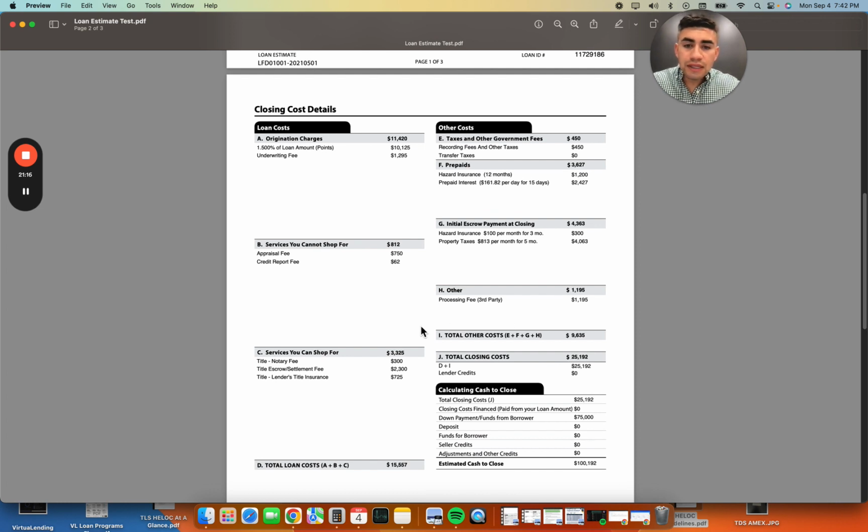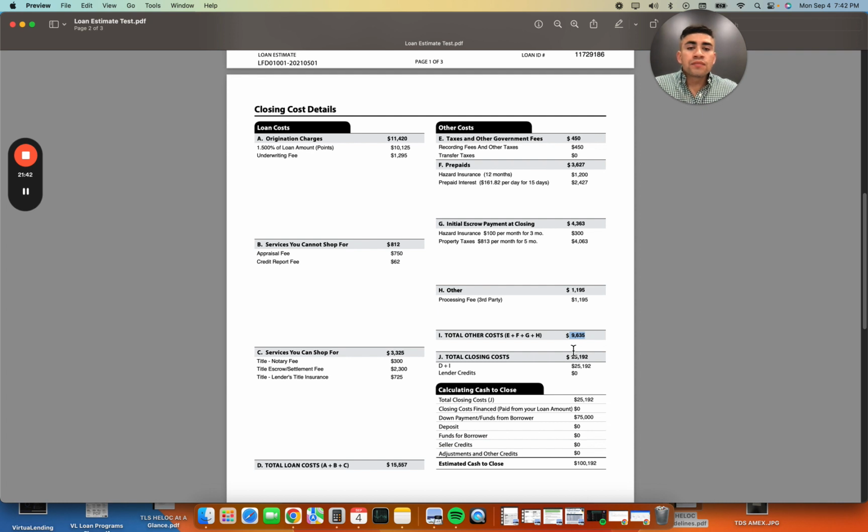Now, same thing like section A, B, and C. If you total these up, you'll have your total loan costs here in section D, $15,557. If you do the same math here for other costs in the right-hand column, you total up section E, F, G, and H, you will have your total here in section I, $9,635.